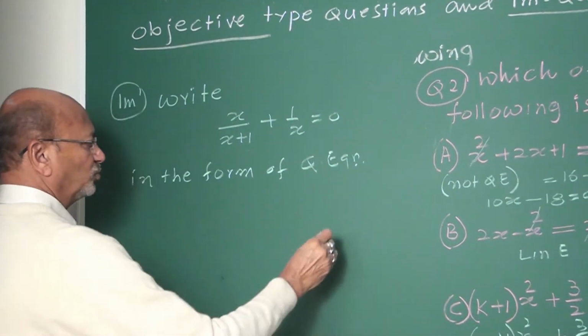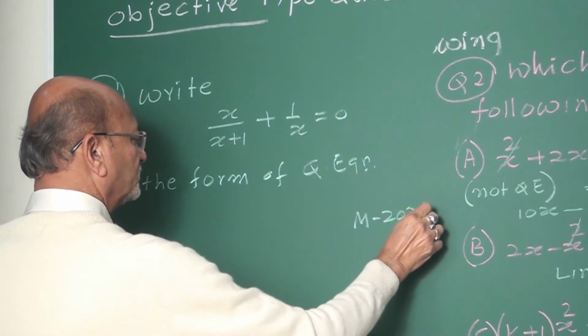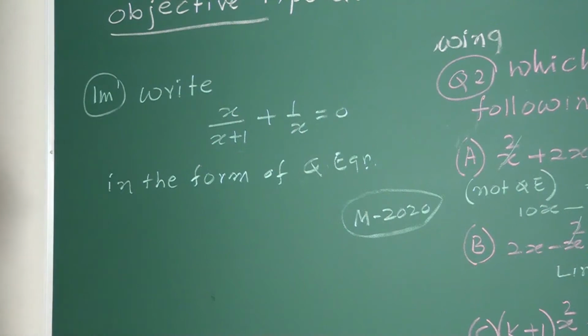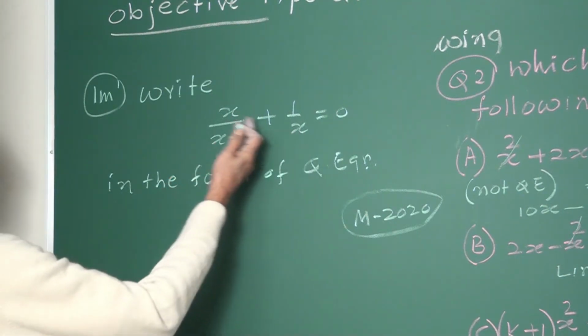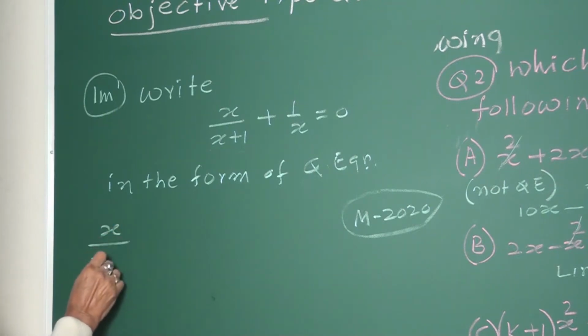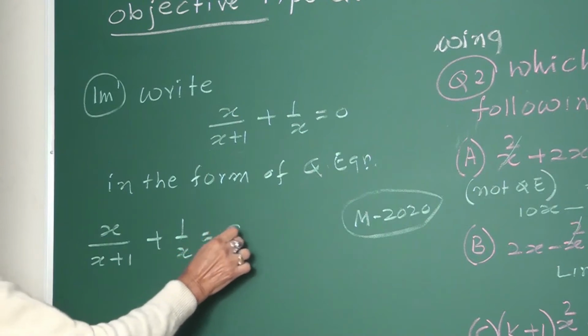My friends, this year 2020 contains an example of this type. Yes, my friend, you have to simplify this. You have to do the cross multiplication. This is the given equation plus 1 by x equal to 0.